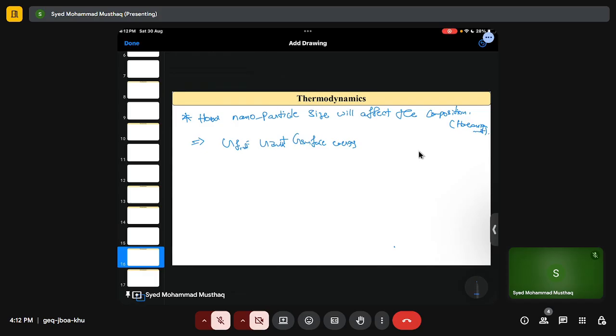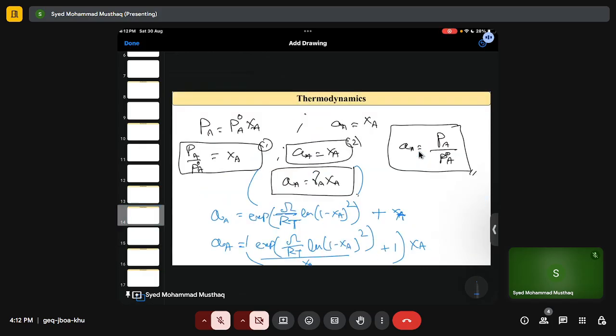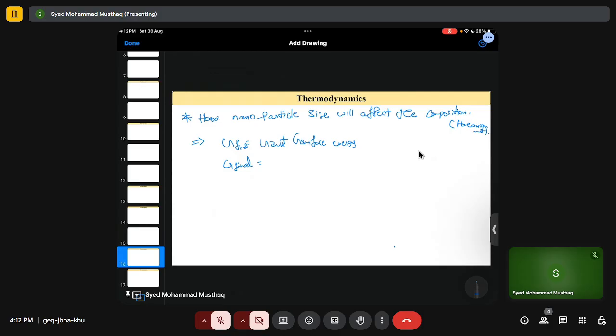Right. Now what is the bulk energy? Now how do I define my bulk energy? That's the part. Okay, so far everything we were doing was for bulk. We didn't consider the surface at all. So we just substitute the bulk there.